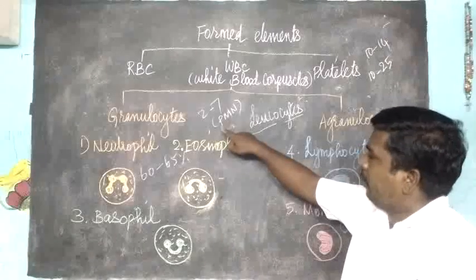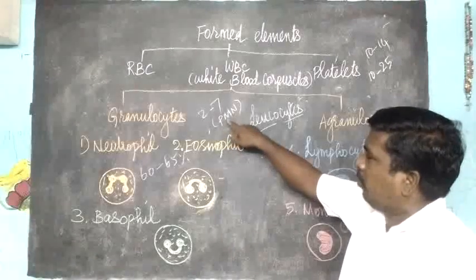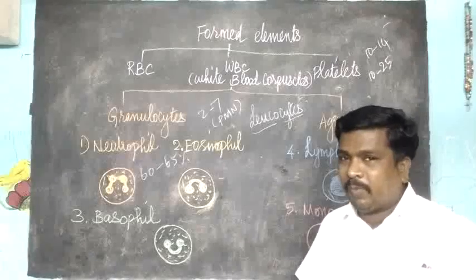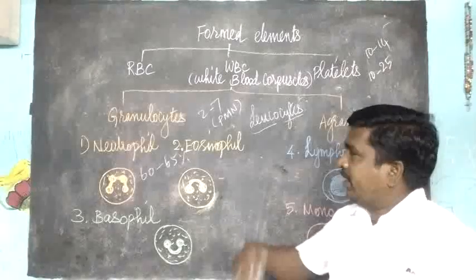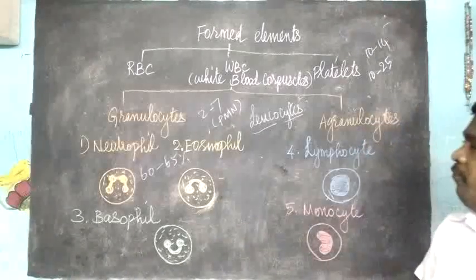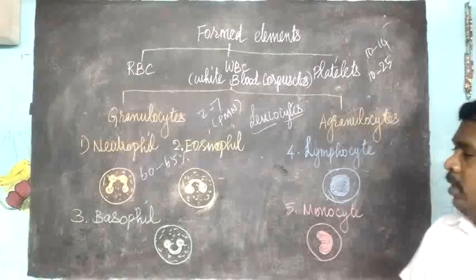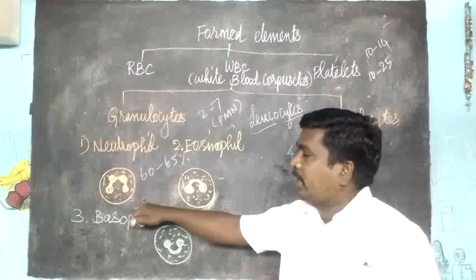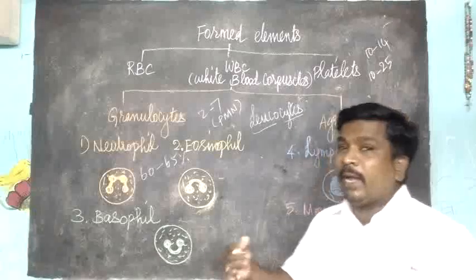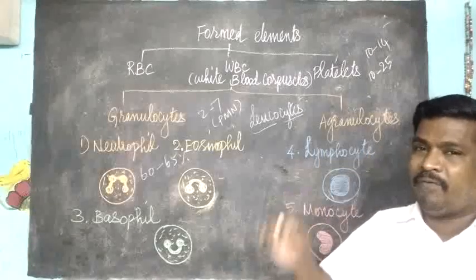PMN stands for polymorphonuclear neutrophil. Since the nucleus is not a proper shape, it's a different shape, that's why it gets the name polymorphonuclear neutrophil. The neutrophil content is high in the blood at the time of infection and inflammation.